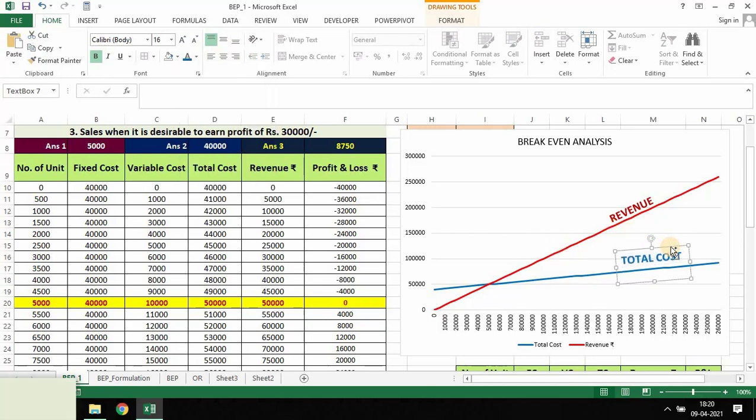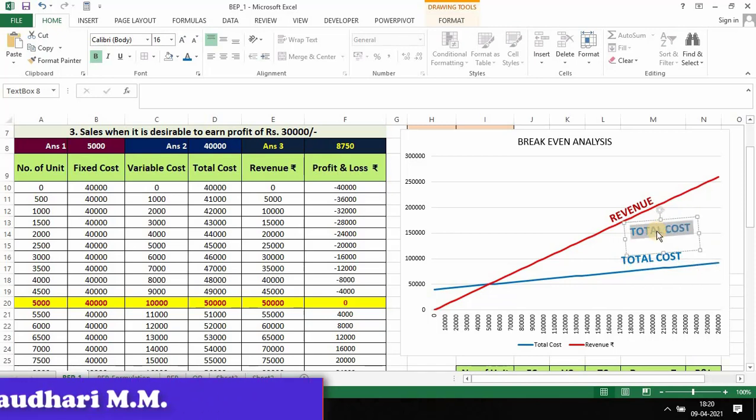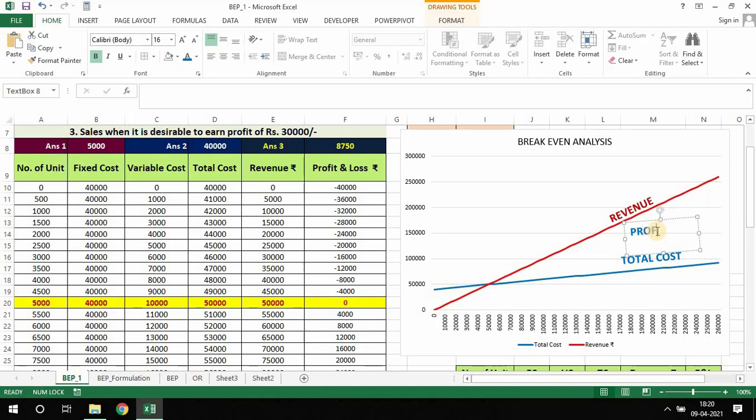Okay, next term is this region called profit. This is black color, and this region is called loss.